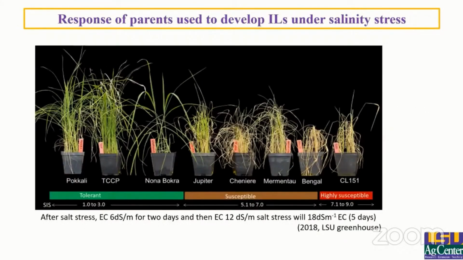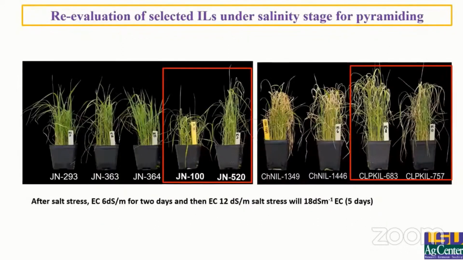This is the response of the parents. In the introgression lines our main donors are Pokkali and Nona Bokra, and the recurrent parents are Jupiter and Senior. So the Pokkali and Senior cross population is the CLPK, whereas the Nona Bokra and Jupiter cross population is the GN population.